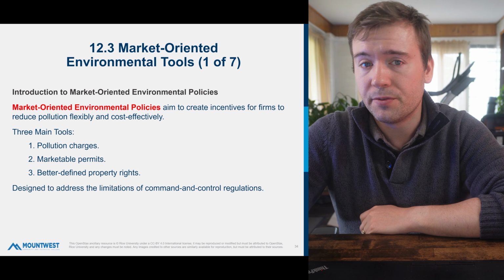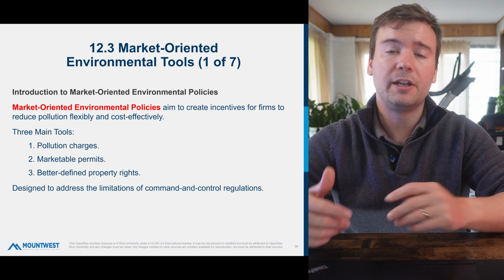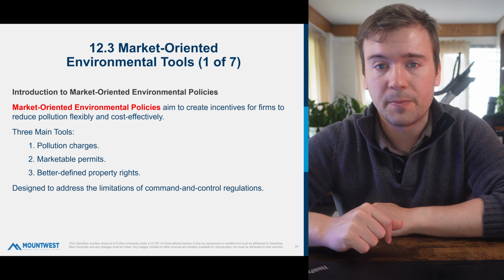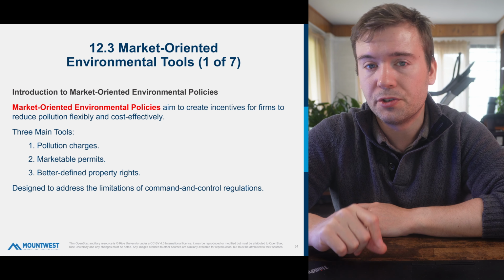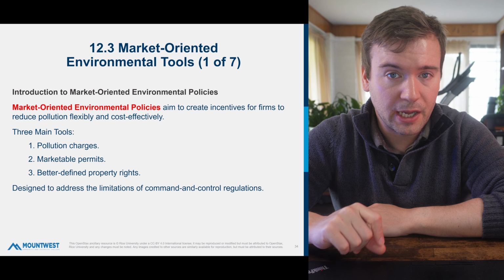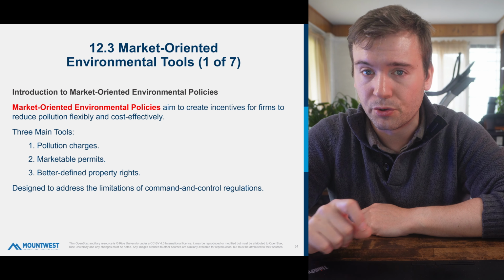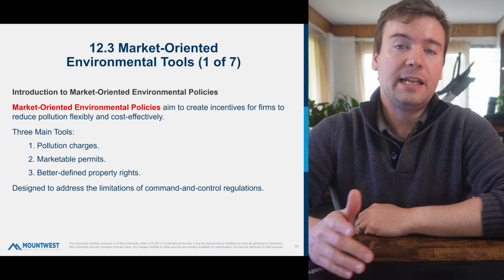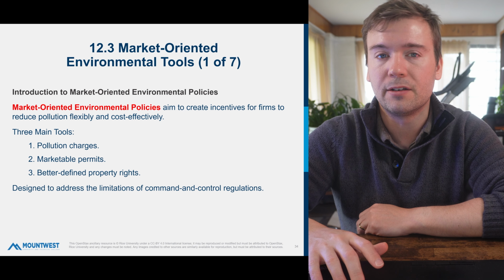And lastly, better defined property rights, which can clarify the responsibility and encourage sustainable resource management. These tools are intentionally structured to overcome some of the drawbacks that are associated with command and control regulation, like the lack of incentives for exceeding the minimum standards and the inflexibility of mandated technologies.